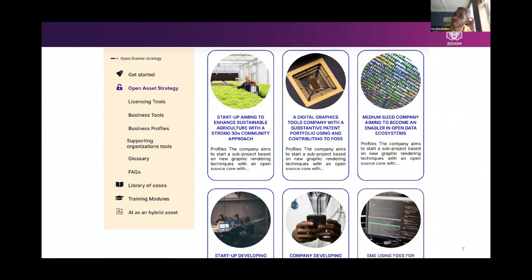Because the biggest challenge that we identified in ZOOOM is that many companies decide to go open source without having a sustainability plan. So they don't know how to tackle challenges such as what happens if somebody starts making money using your freely distributed product.